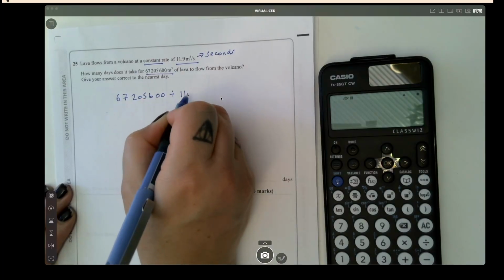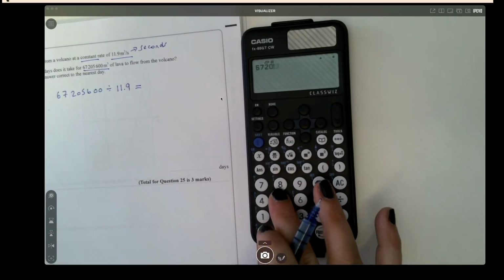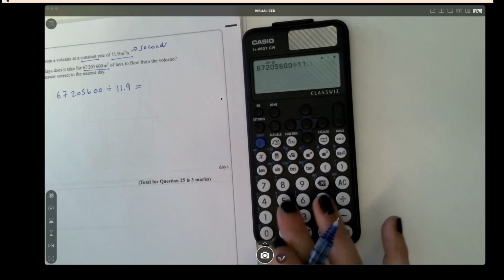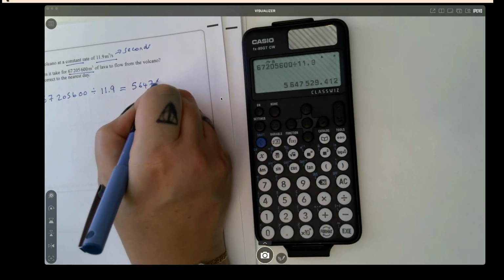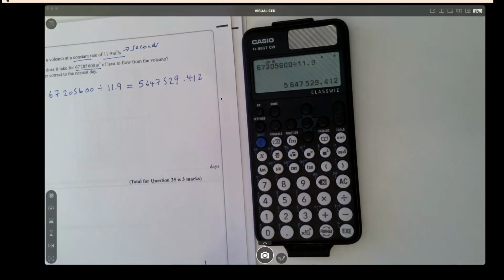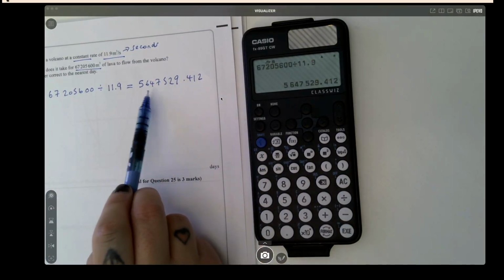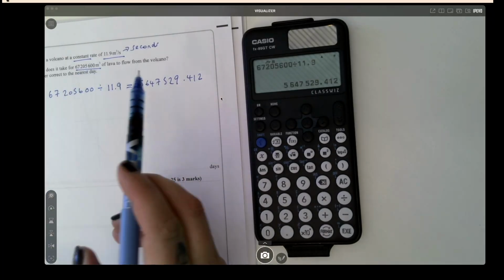So 67,205,600 divided by 11.9 is 5647529.412. So that's how many seconds it's going to take for this lava to flow.